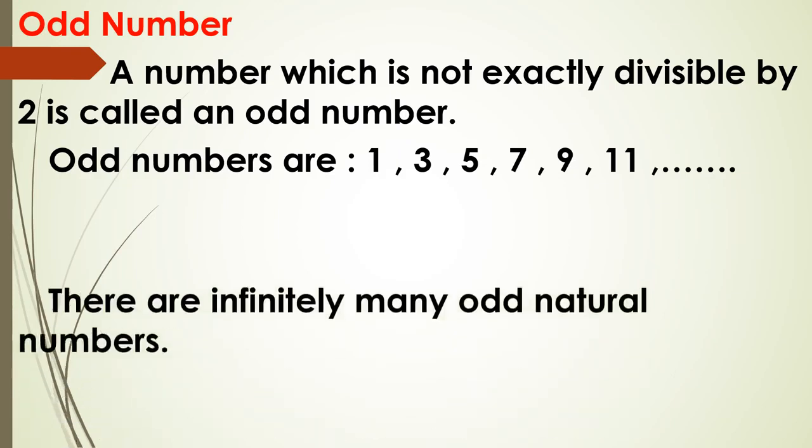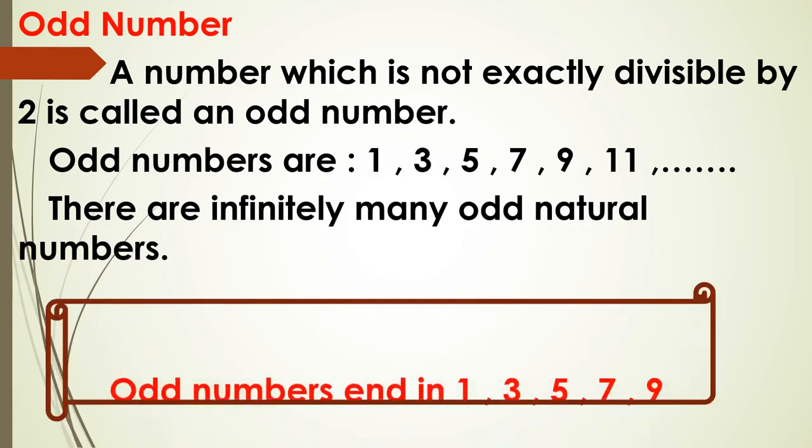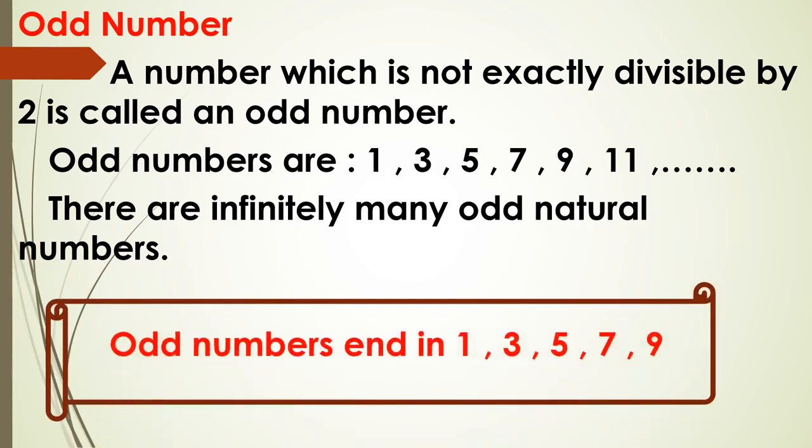Now see how we will check whether the given number is odd or not without dividing it by 2. If at the ones place we get 1, 3, 5, 7 or 9, then the number is an odd number.